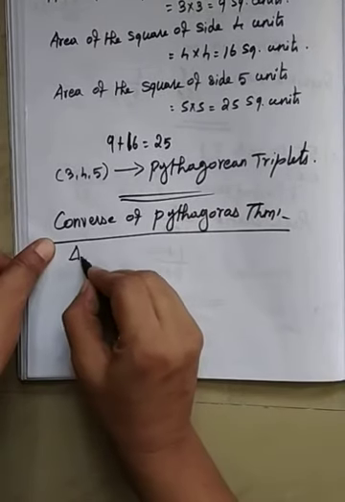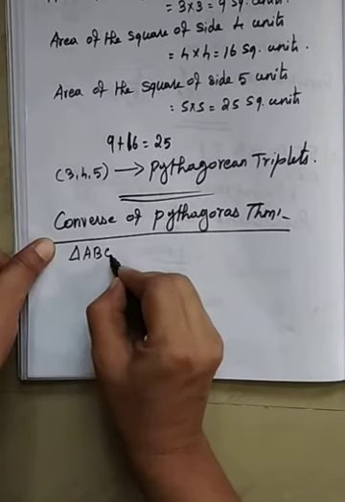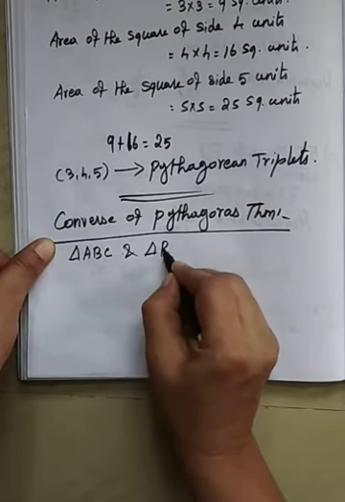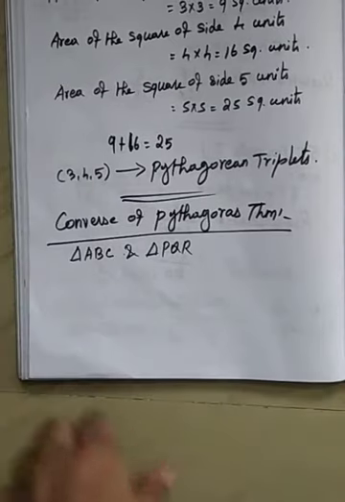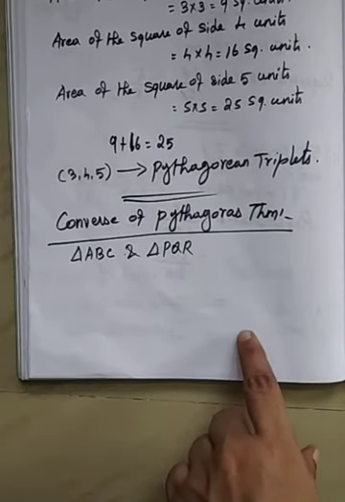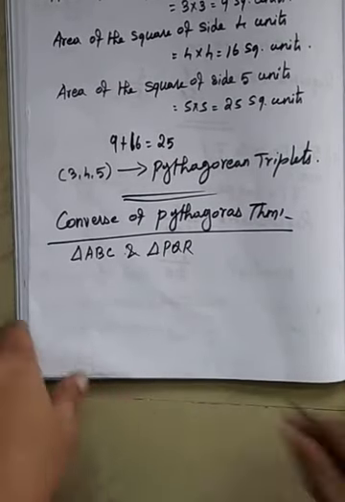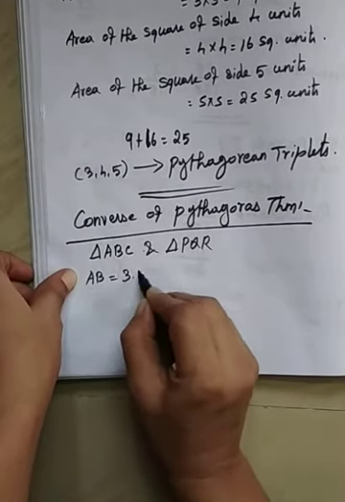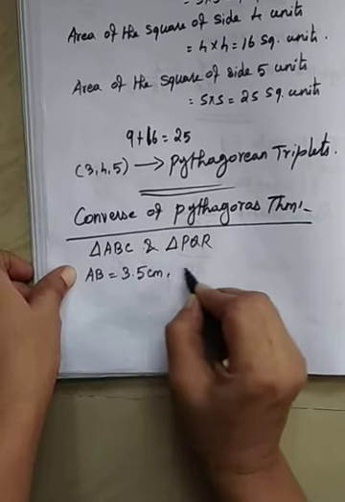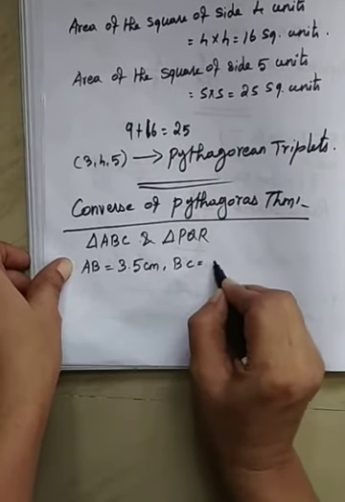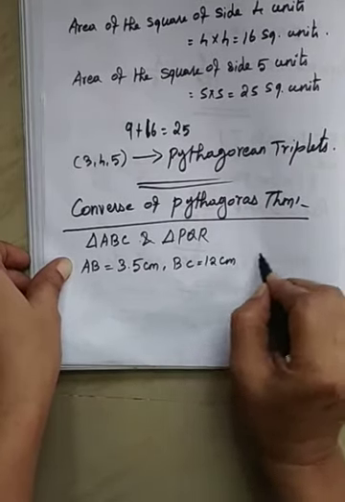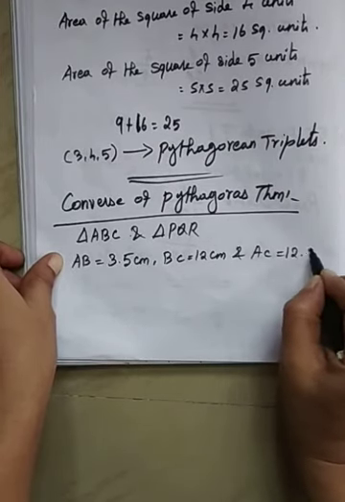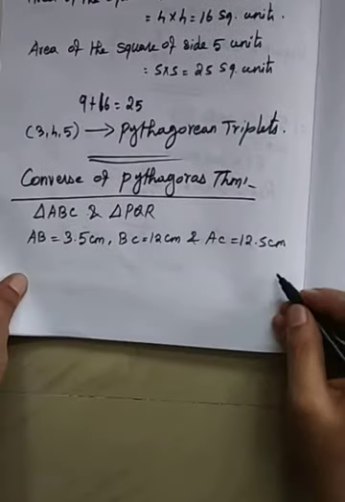Let us take triangle ABC and another triangle PQR, in which you take AB equal to 3.5 centimeter, BC equal to 12 centimeter and AC equal to 12.5 centimeter.